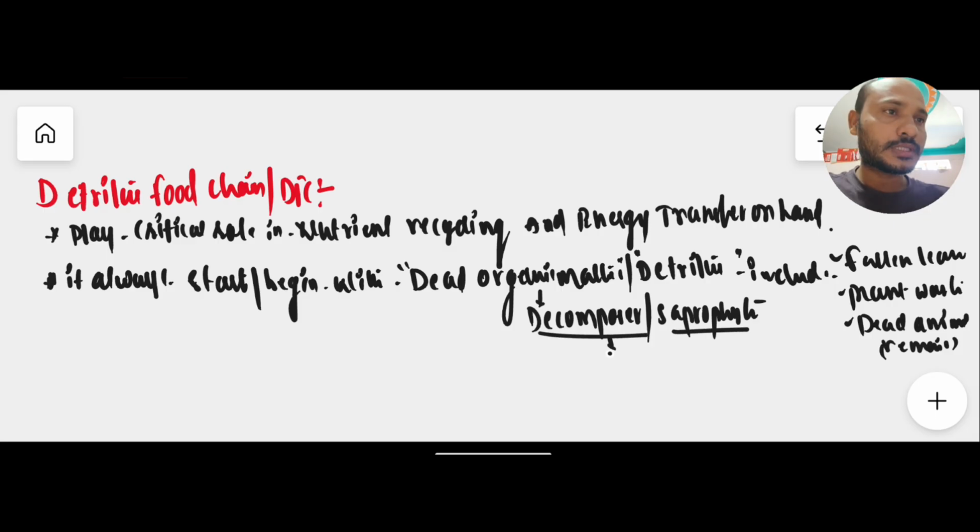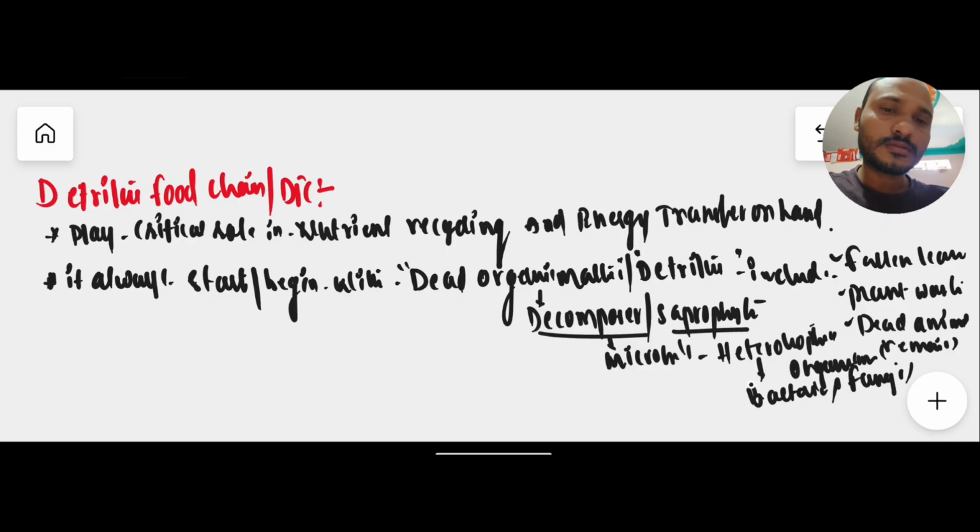So, to decompose this dead organic matter, microbes are involved as decomposers, heterotrophic microbes like bacteria and fungi. And here, very important, the primary energy source for the detritus food chain is chemical energy.